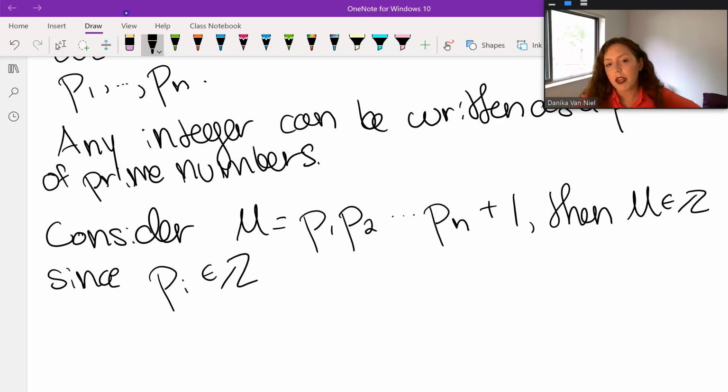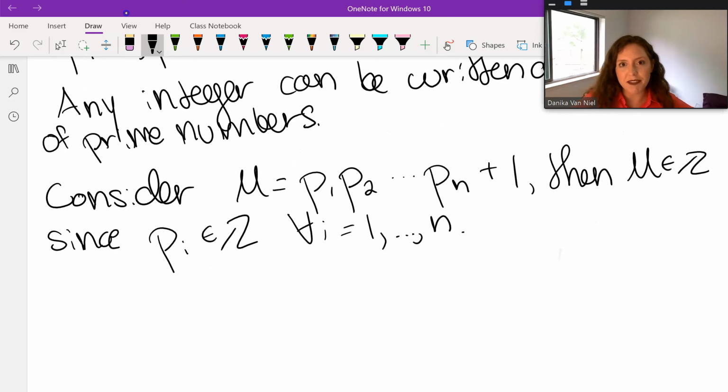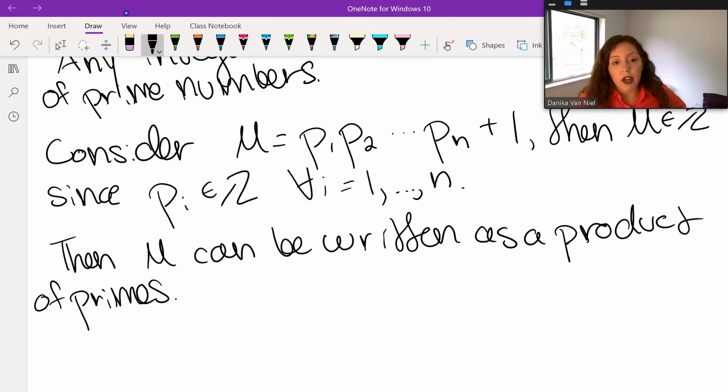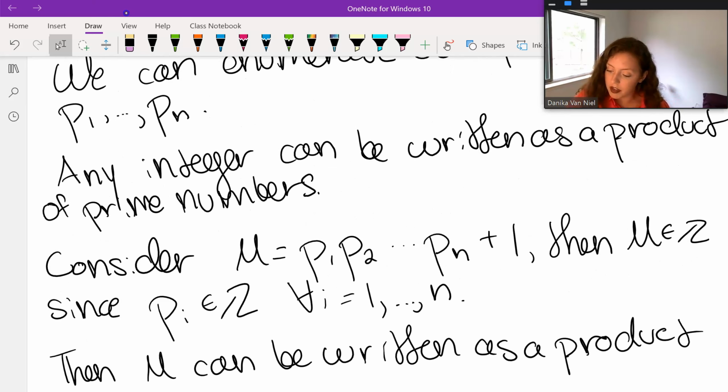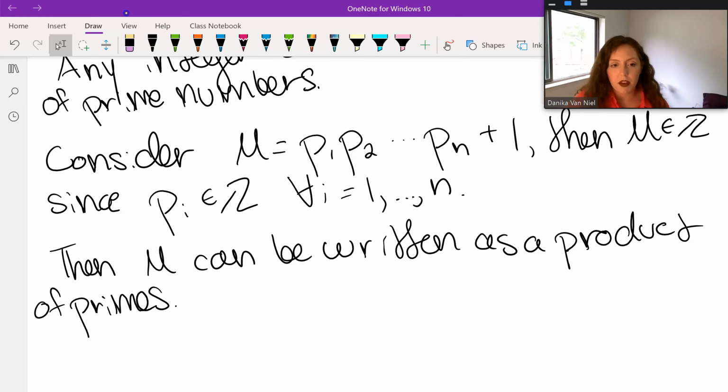So since the Pi's are all integers, then M is an integer. Remember, this means for all i, but then I actually want to list out who the i's are. So then M can be written as a product of primes, and that's because it's an integer, right? That's what I said before: any integer can be written as a product of prime numbers. Fabulous.